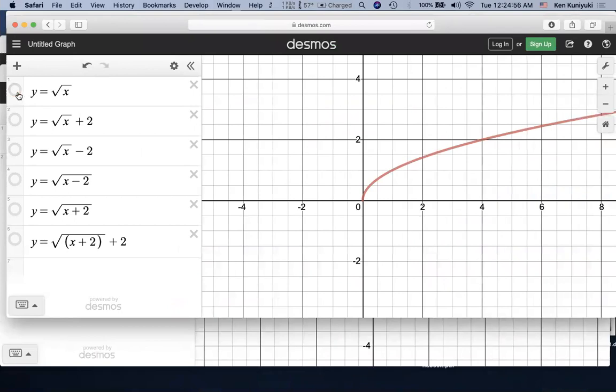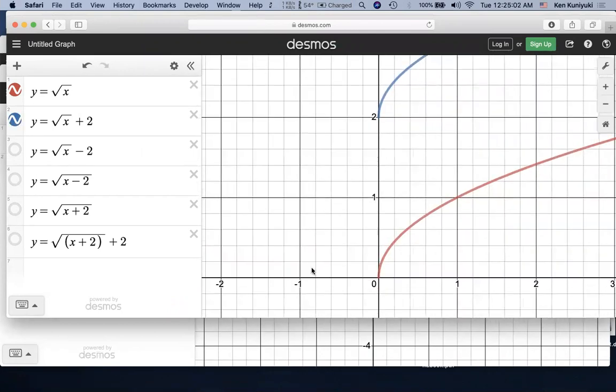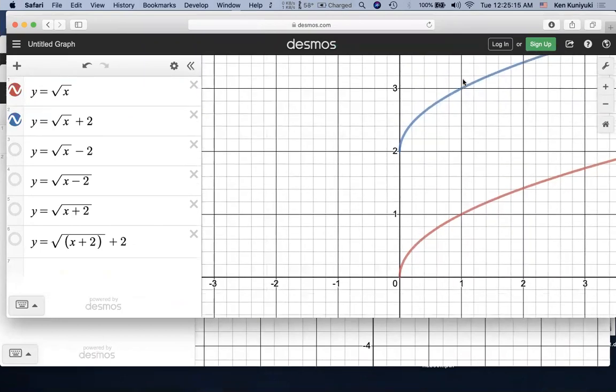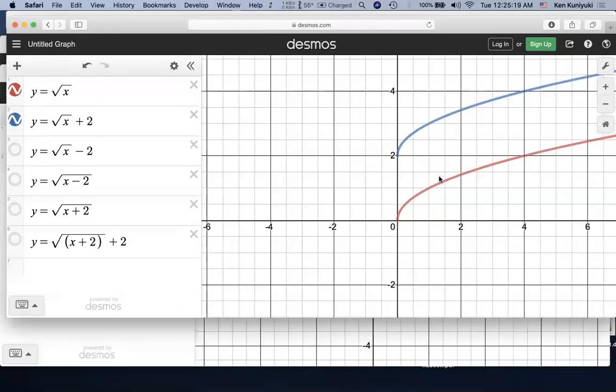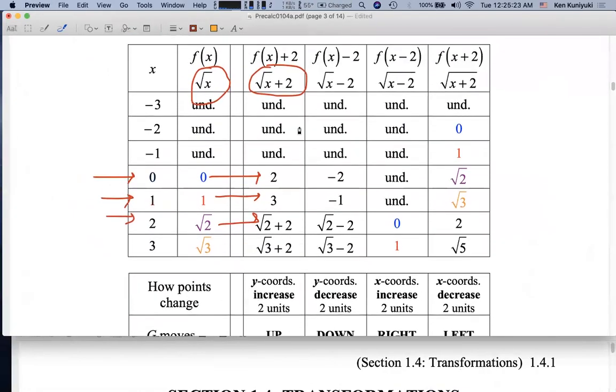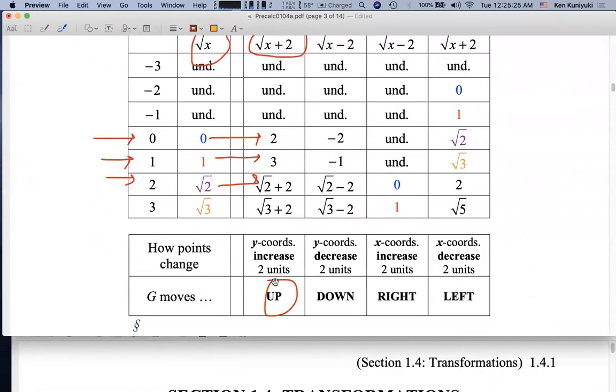If we go from y equals root x to y equals root x all plus 2, notice that we go from 0, 0 to 0, 2. Notice we go here from 1, 1, up to 1, 3, and so forth. So the graph moves up.